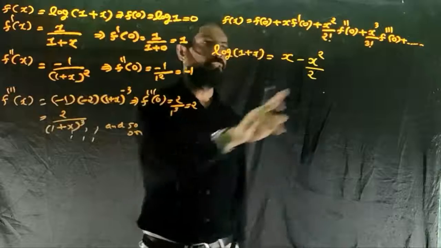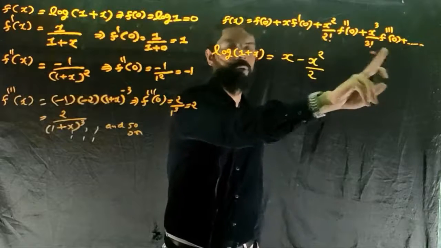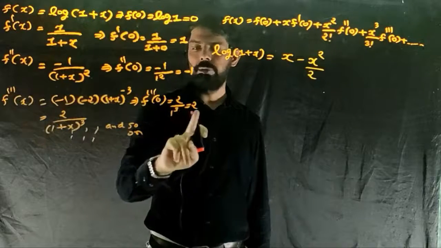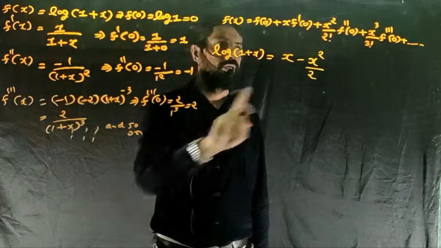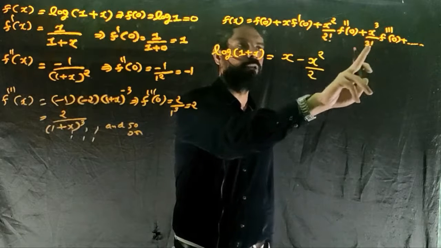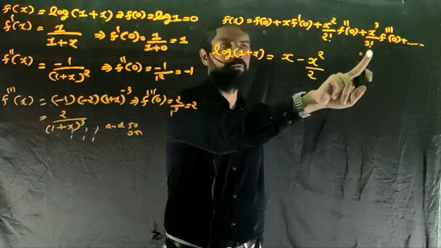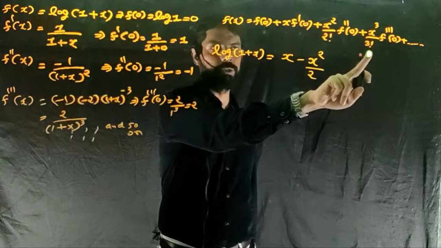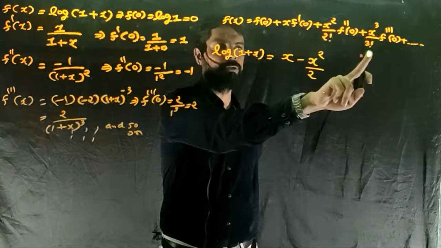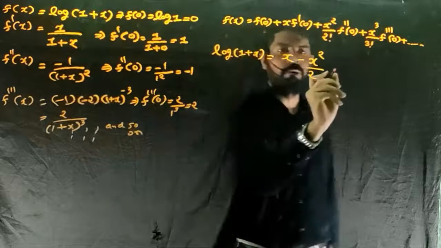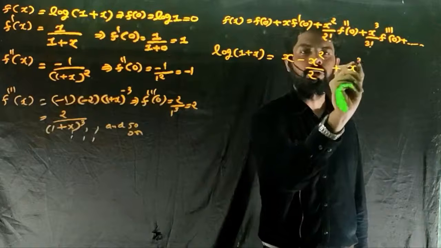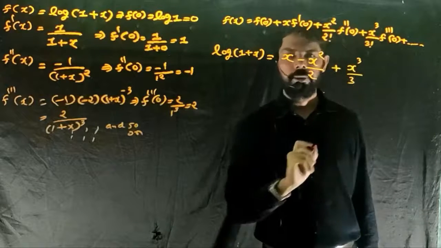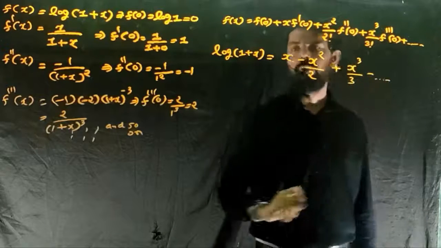Then next is f triple dash 0. What is value of f triple dash 0? It is 2, and so it will be 2x cube divided by 3 factorial. And we know that value of 3 factorial is 6. So 2 by 6, that is 1 by 3. So here we will write down plus x cube by 3 minus so on.